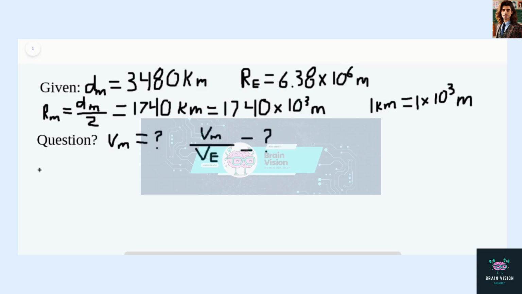So first, let's find the volume of the moon. The volume of the moon is just equal to the volume of a sphere, where the radius is that of the moon. So 4/3 pi r to the third, where r here is the radius of the moon.